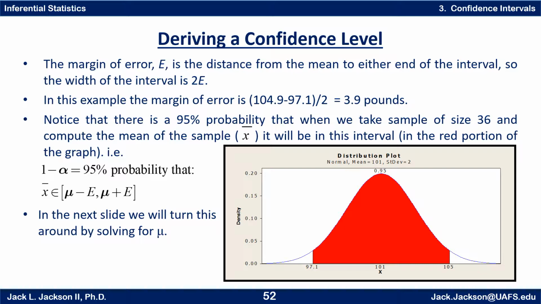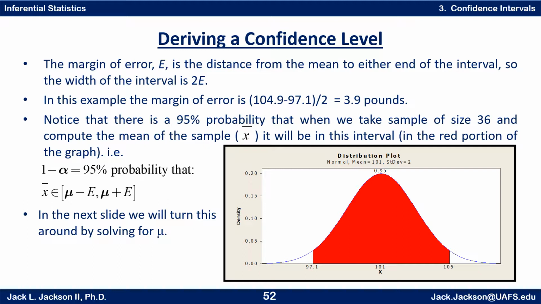The margin of error is the distance from the mean to either end of the interval, so the width of the interval is 2e. In this example, the margin of error is 104.9 minus 97.1, and then divide by 2, which is 3.9, at least approximately.